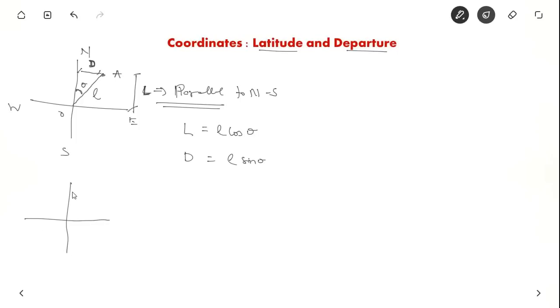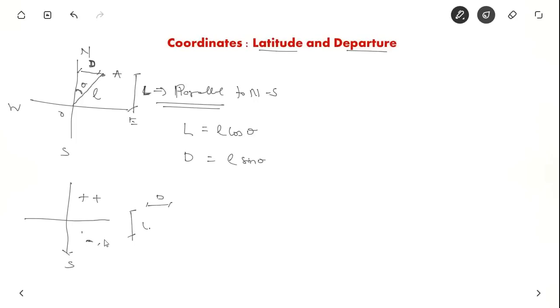If latitude and departure lie in this quadrant, both are positive. But if they lie in this quadrant, latitude is negative, because latitude is parallel to the reference meridian and here it is towards the south.